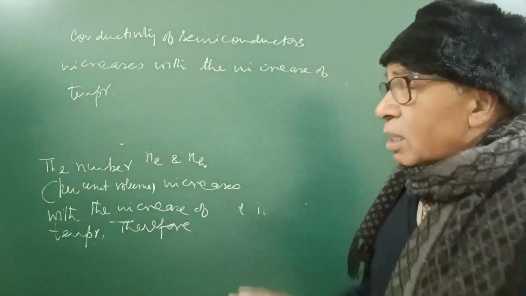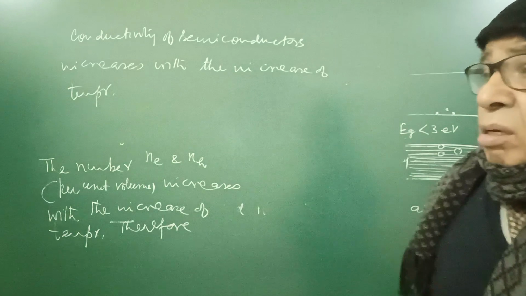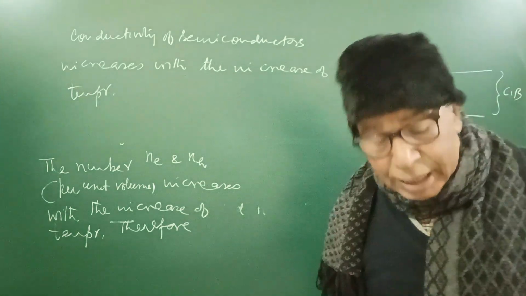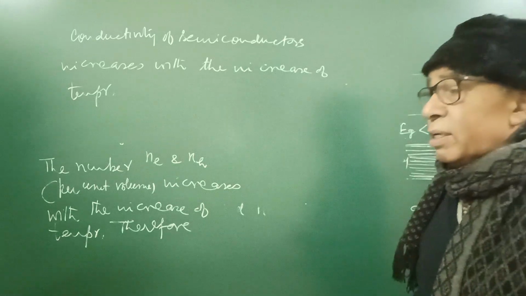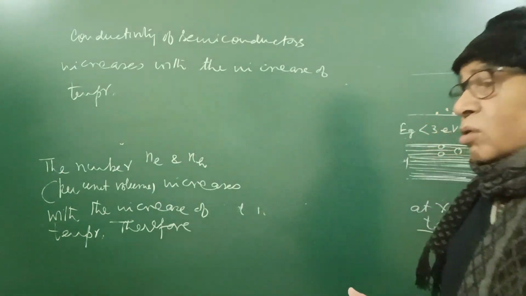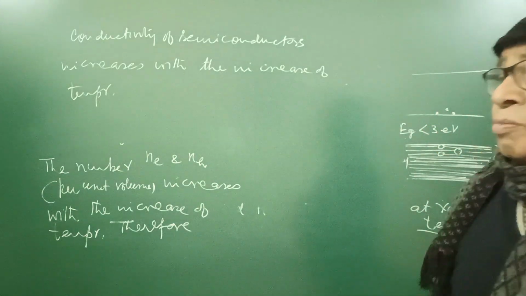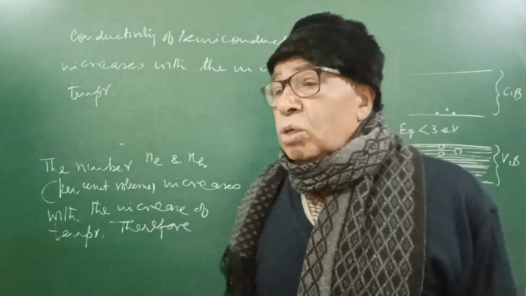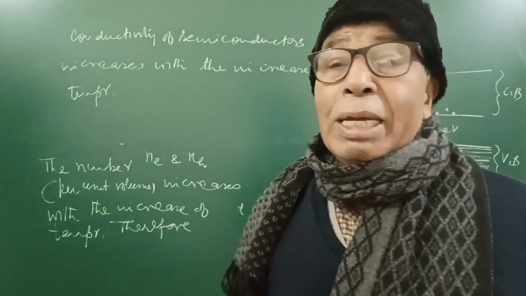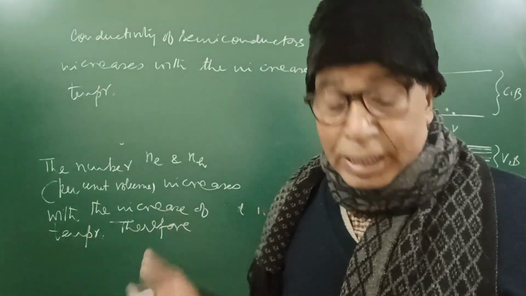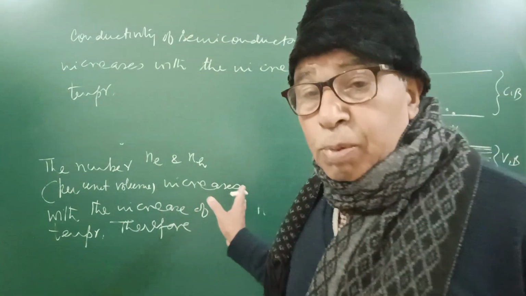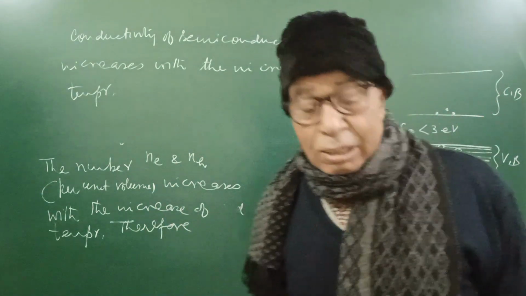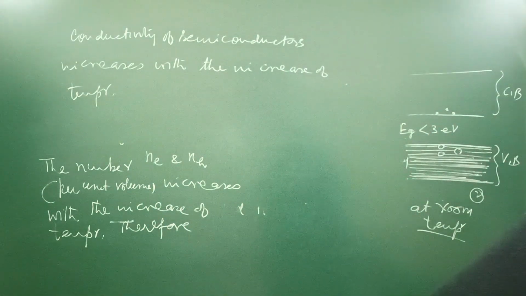So this was something about the differentiation between metals, insulators and semiconductors on the basis of energy bands. In the first video, I gave you the differentiation on the basis of measured conductivity and resistivity. And the important thing here is that when temperature increases, conductivity of semiconductors increases.